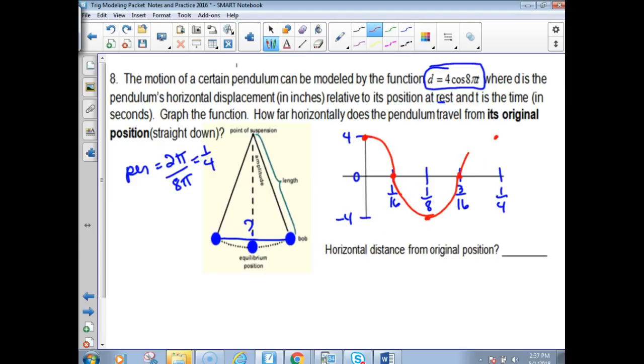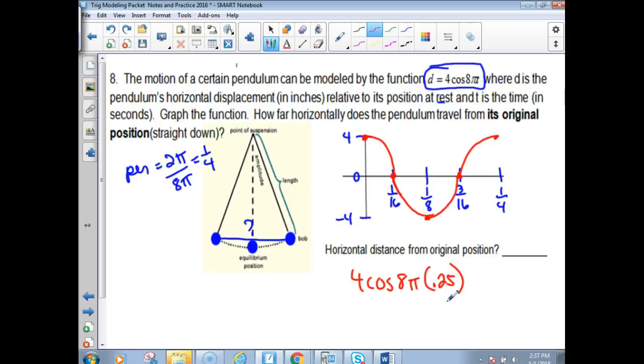Okay, since it completes 1 cycle in 1/4 of a minute, what's the horizontal distance from the original position? Well, let's try it. Plug in 1/4. So 4 times the cosine of 8 pi times 1/4, or 0.25 if you prefer. Everyone calculate that, please.